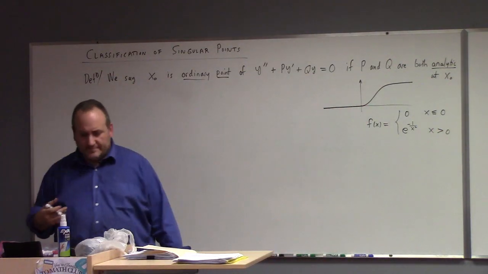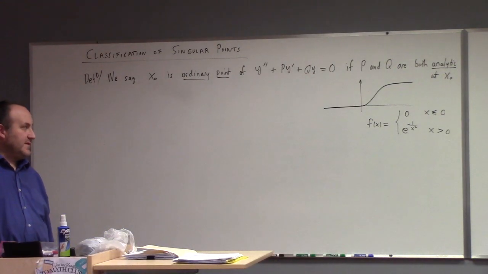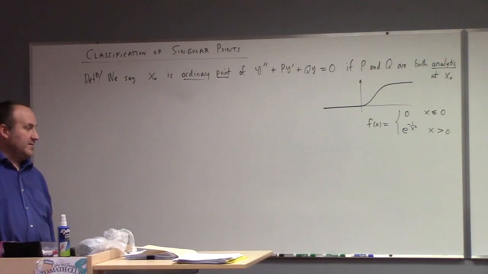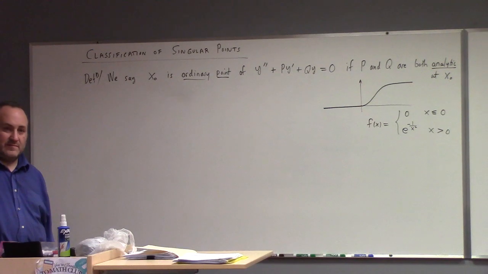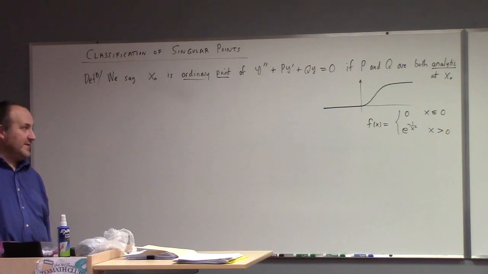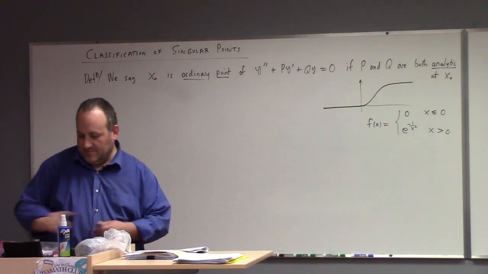The thing about that is, if you study this, you can prove that the Taylor expansion for that function exists at the origin, and it's identically 0, right? So if you try to approximate that function with its power series at the origin, what's the graph of your Taylor series?